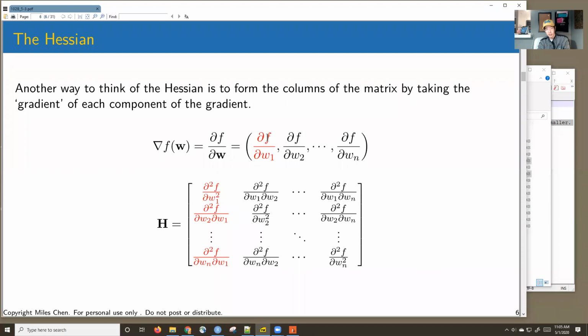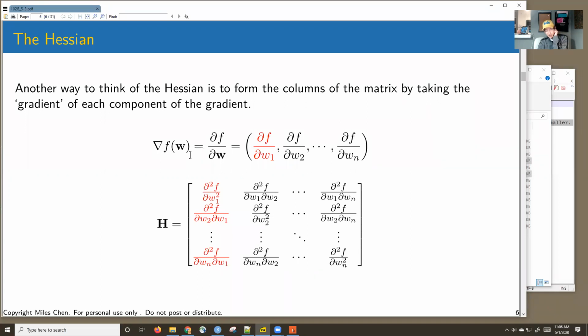If you take the gradient of each partial derivative with respect to w to get the second order partial derivatives, each becomes a vector. Therefore, you can think of the Hessian as the matrix derivative of a vector, or the Jacobian matrix of the gradient vector.